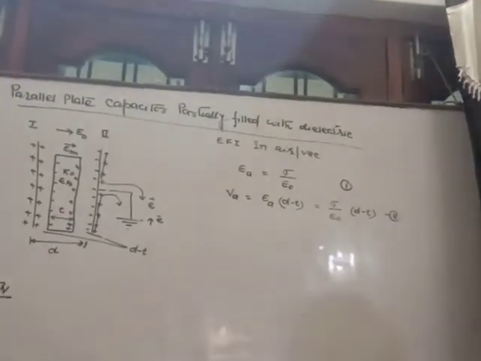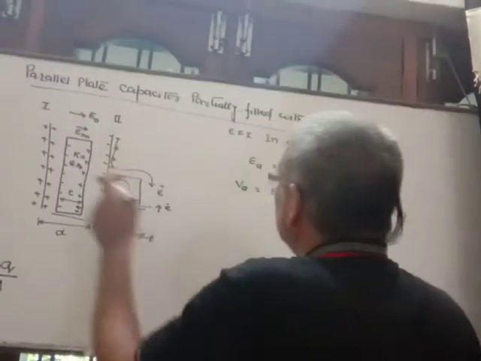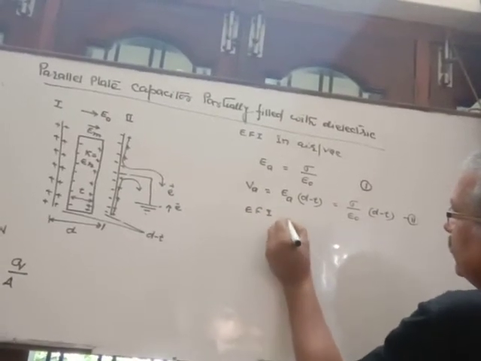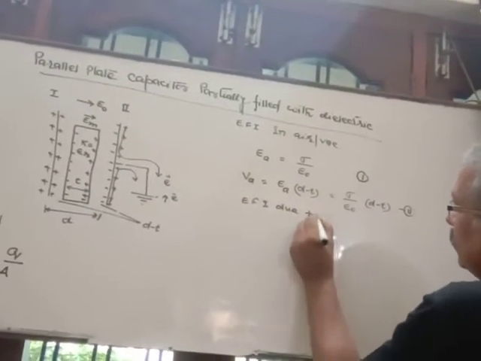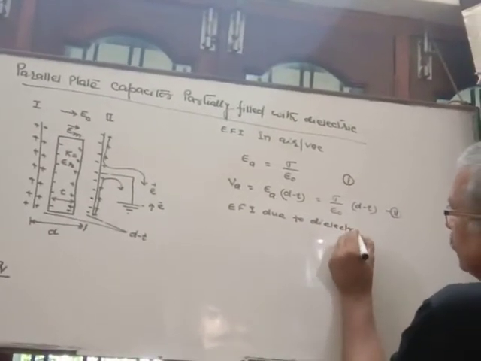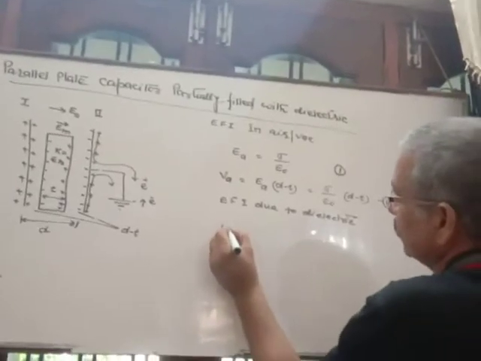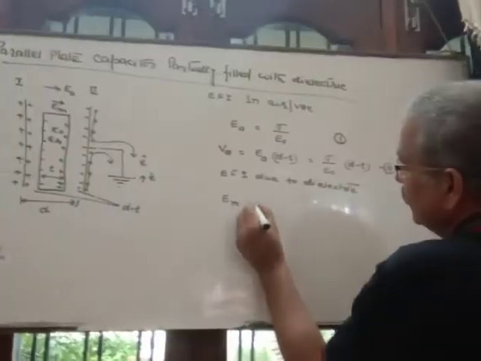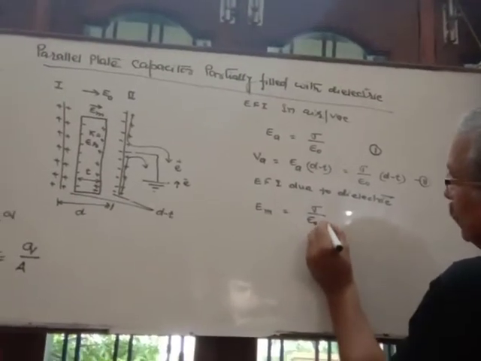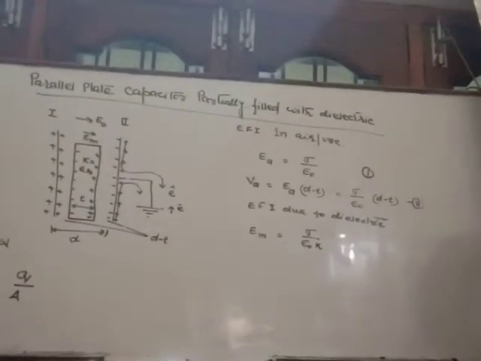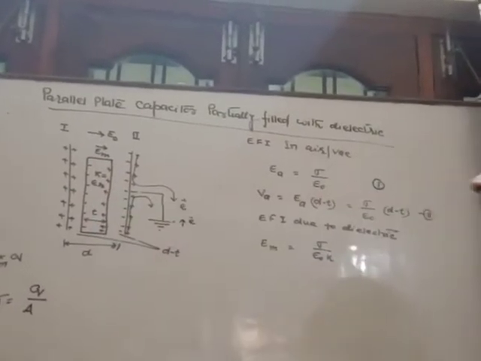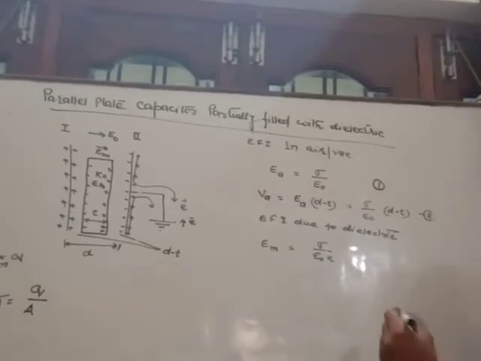Now, the electric field intensity due to the dielectric, EM, is equal to sigma by epsilon 0 K, and here K is the dielectric constant of the medium present in between the plates, correct?